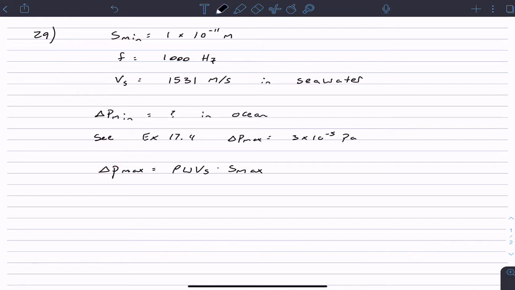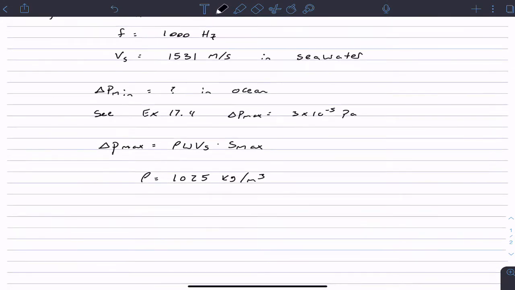Well, we're not looking for this in air, we're looking for this in seawater. So we need the density of seawater. If you look that up, you end up with a value of 1,025 kilograms per cubic meter. So it's much more dense, which, obviously, we know that.